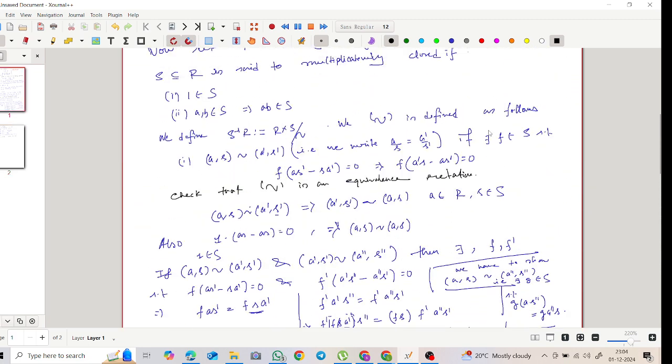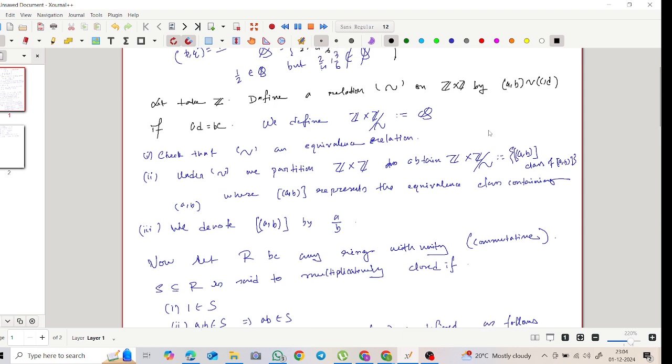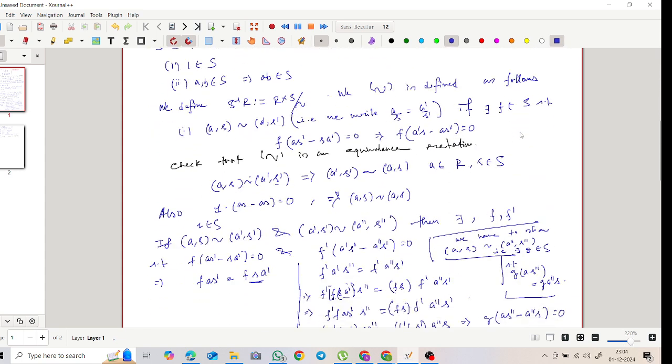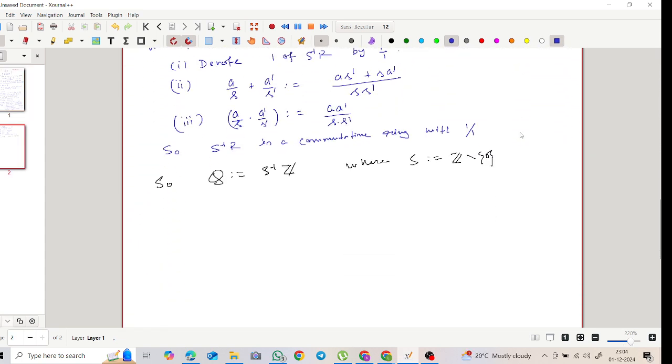So I actually made a mistake here. This should be Z star. This is Z star. Now you observe that this is clear of any ambiguities. So according to our definition, Q becomes S inverse Z, no?